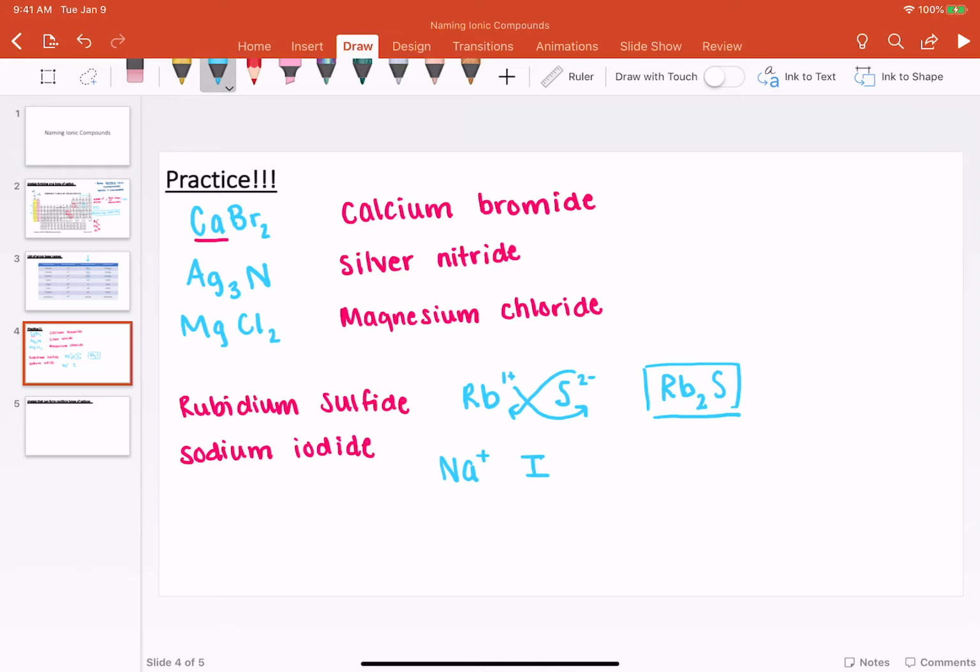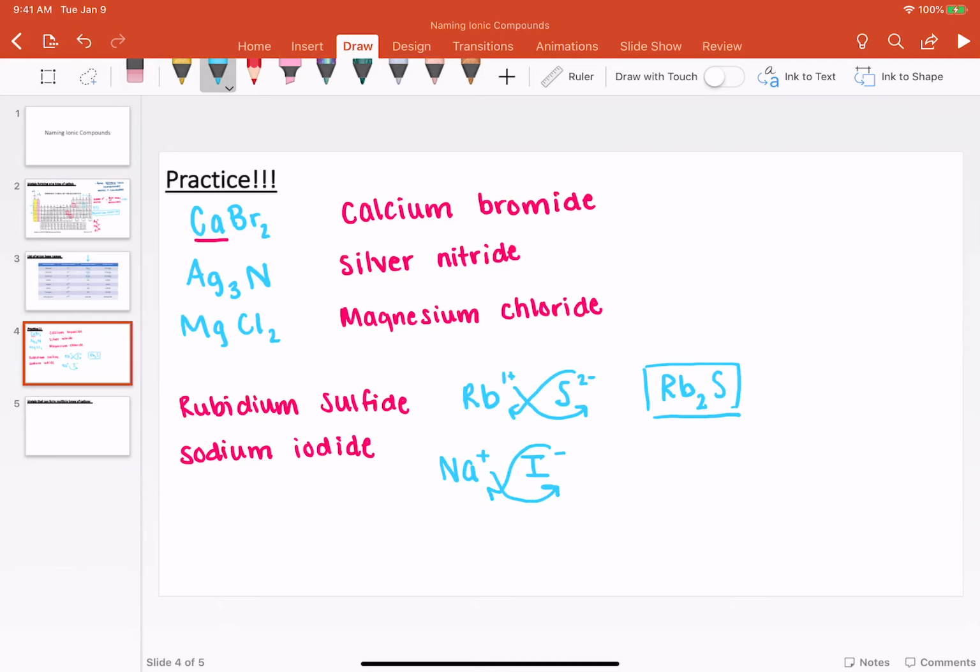So I'm just going to write plus and minus. Sometimes you'll see it as 1+, sometimes you'll see it as just a plus sign without the 1. Same thing with the minuses. Either way is correct. Most of the time, especially in professional scientific literature, you're going to see it without the 1 written.